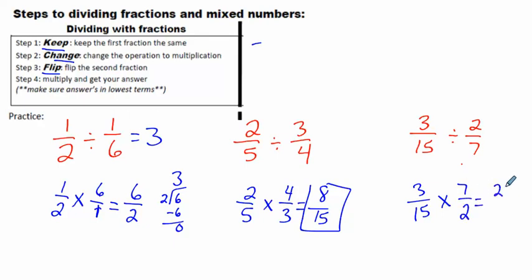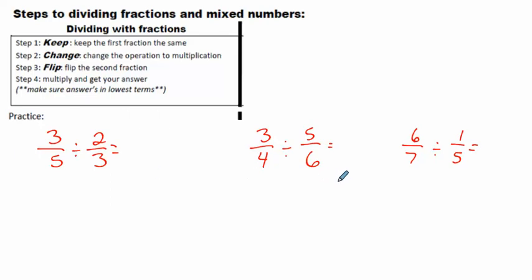It gives me 21 over 30. For those of you that are good at simplifying, you should know that you could divide both of those by 3. If I divide both of them by 3, I get 7/10. That's my answer.